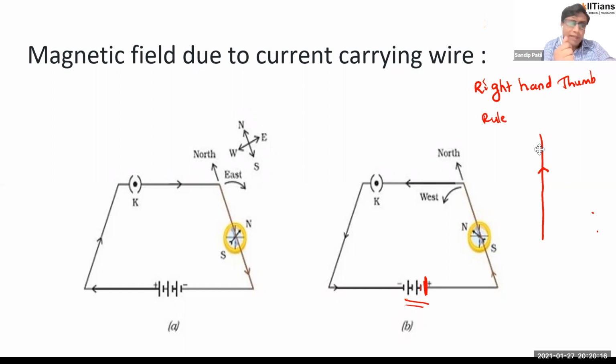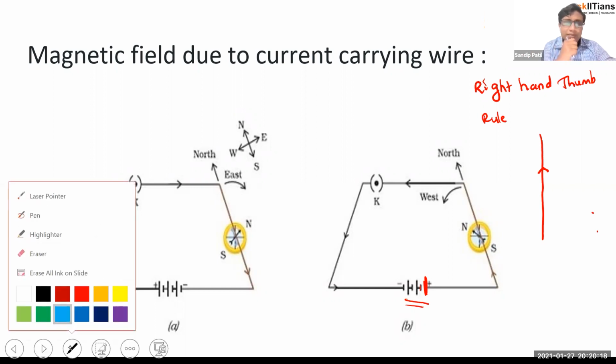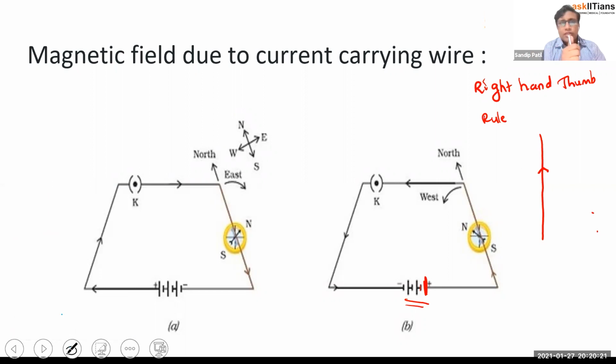Okay, very simple to understand. And this right hand thumb rule is very important. We are going to use this rule many times in physics, right? Remember. So what I can see, these curled fingers are going from outside to inside like this. Okay, so this is the direction of the magnetic field. So in this diagram, I can show something like this. Dotted lines mean behind the conductor, right? Very easy to understand. And this line is in front of the conductor. So fingers are curled like this.